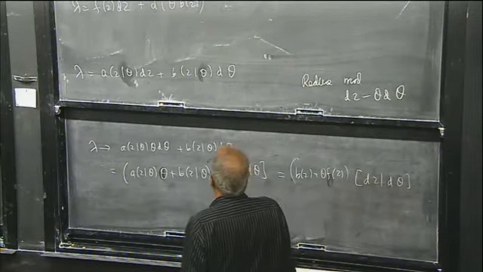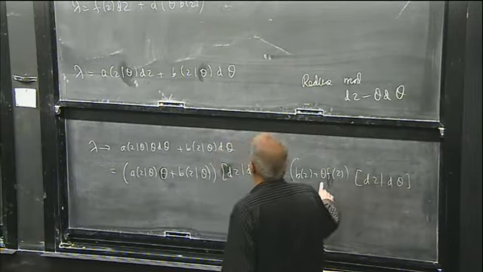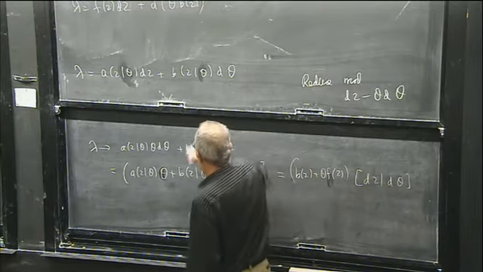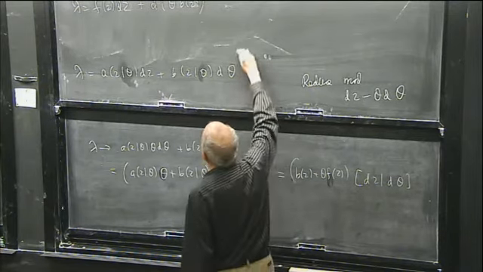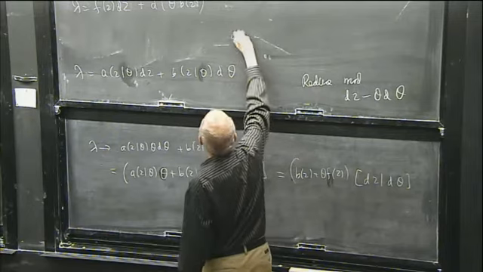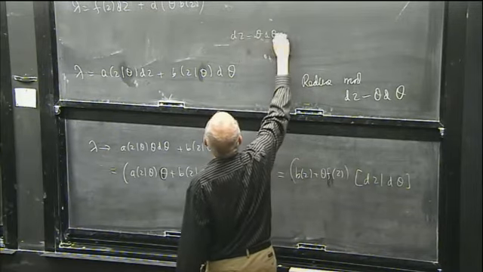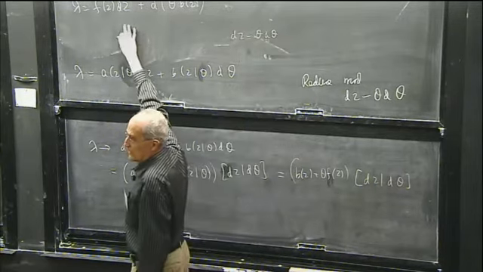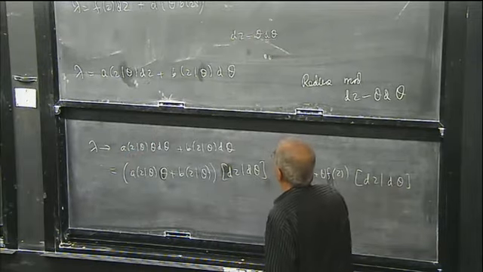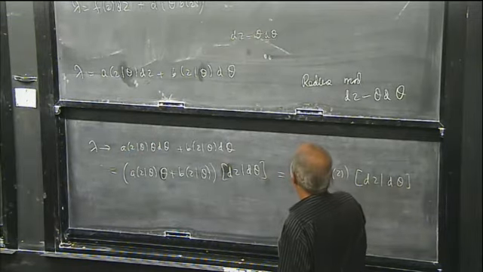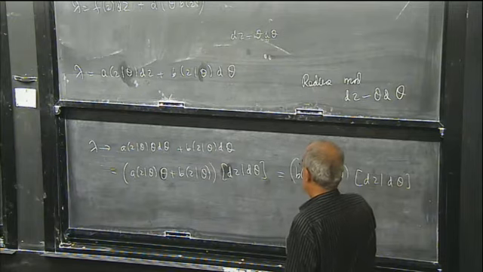Yes. The way that the theta came in is that, remember, when we reduced modulo dz minus theta d theta, dz turned into theta d theta. Well, you still have the expression for lambda in terms of a and b, and now you told me what a and b are. So yes, compare. Right.